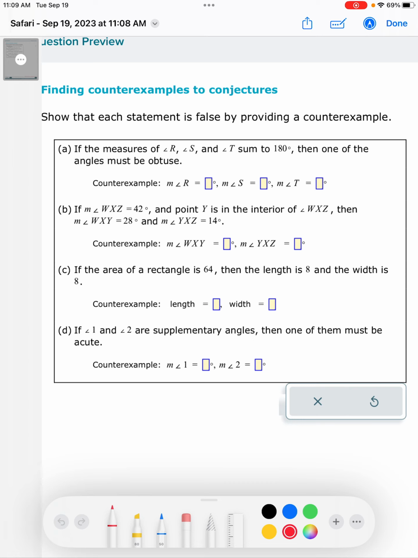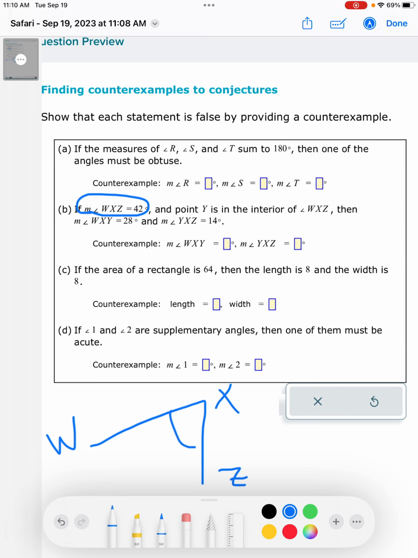The reason that they're using so many letters for the angles is because of this. If you think about an angle, an angle has 3 points that make it up. So if I draw an angle, and let's say I'm drawing this first angle they talk about, WXZ. Well, I have W, then X, then Z would make that angle. Okay? And then it's saying that the measure of this angle is 42 degrees.